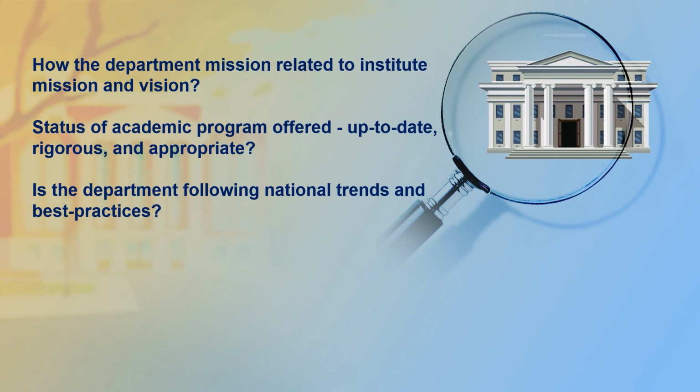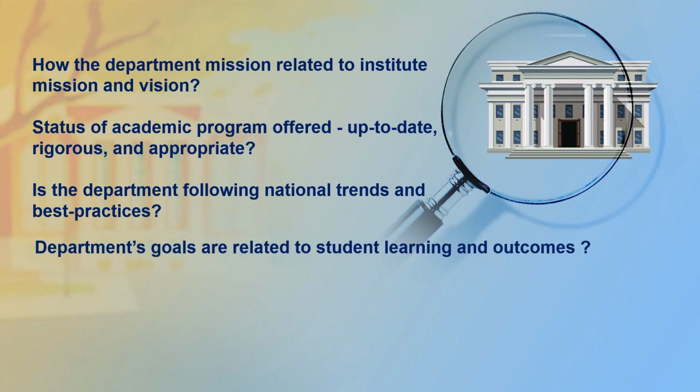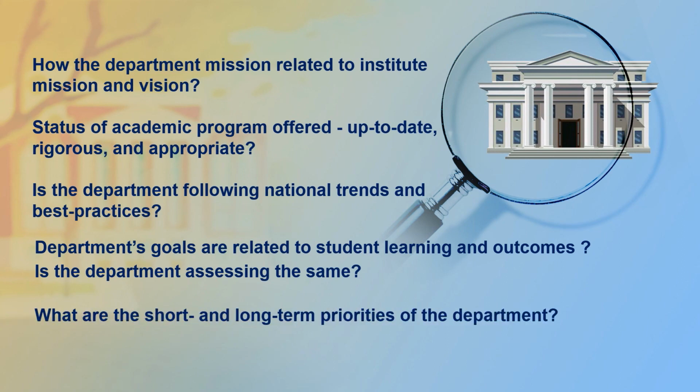Is the department following national trends and best practices? Whether the department's goals are related to students' learning and outcomes, is the department assessing the same? What are the short term and long term priorities of the department?